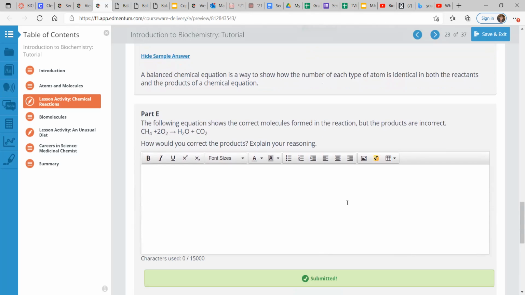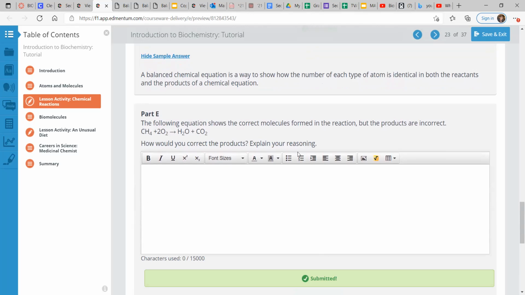Part E, we have a combustion equation. Methane plus oxygen equals H2O and CO2. How would you correct the products? So, looking at this, is everything balanced?